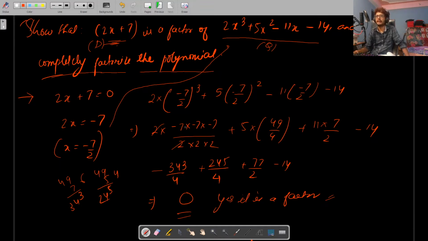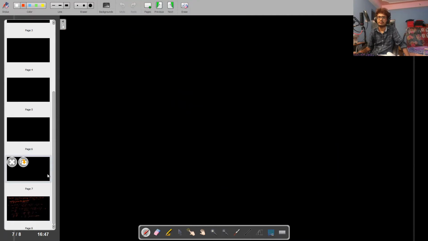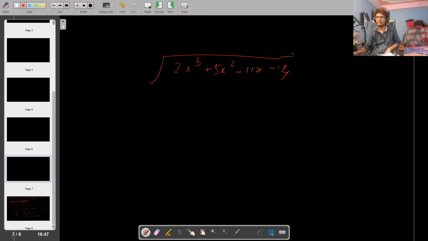Now we need to completely factorize this expression, right? So the expression is 2x cubed plus 5x square minus 11x minus 14, and this is divided by 2x plus 7. To get 2x cubed, you multiply this with x square. x square into 2x is 2x cubed plus 7x square.